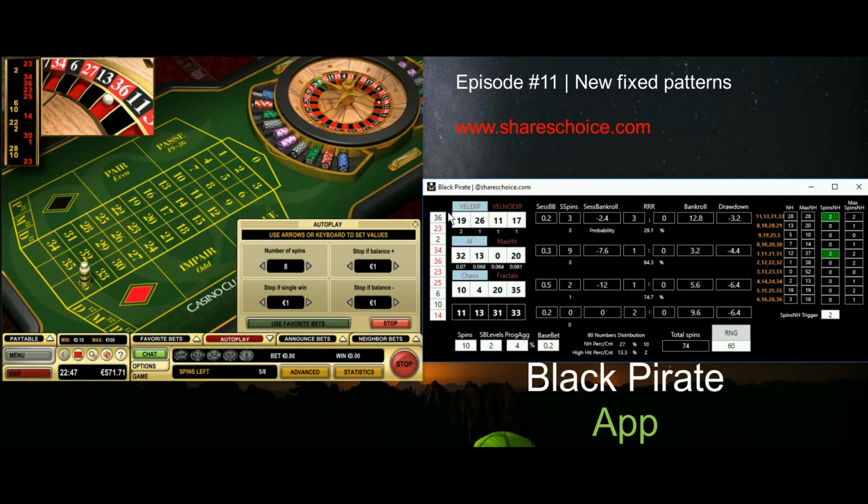Play means that when these 4 numbers are proposed and one of them comes, I start to play 10 spins and 2 levels as set up in the money management part, including progression aggressiveness 4% and base bet 20 cents.